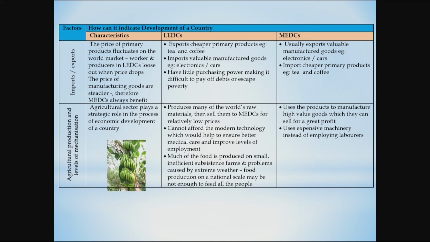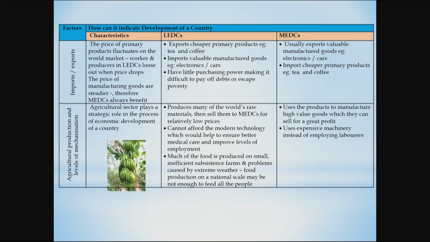Next, we'll look at agricultural production and levels of mechanization. And we're going to see that the agricultural sector plays a strategic role in the process of economic development of a country. If we look at LEDCs, LEDCs produce many of the world's raw materials and then sell them to MEDCs at relatively low prices.